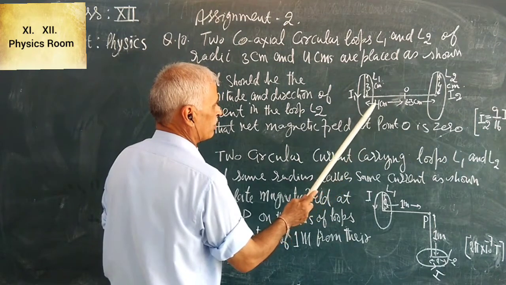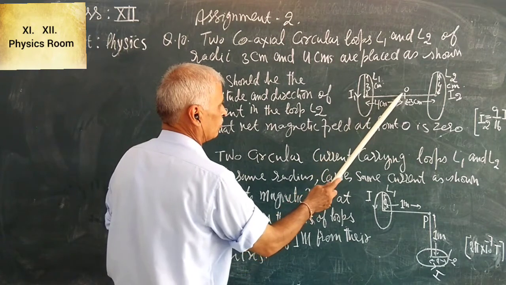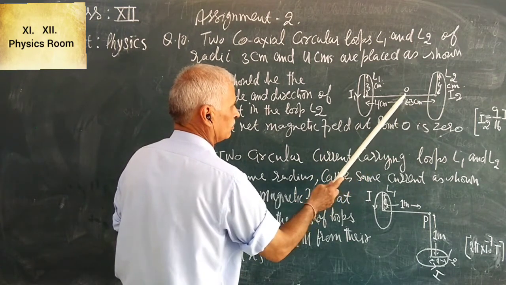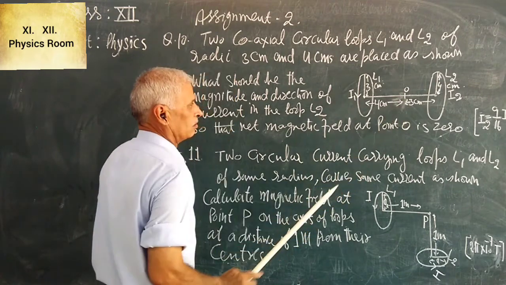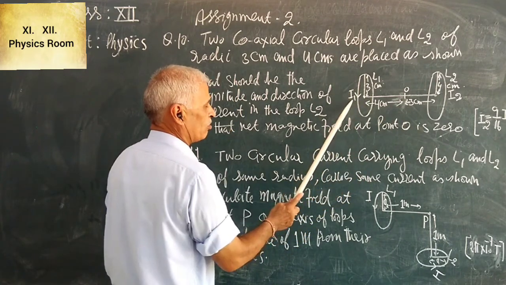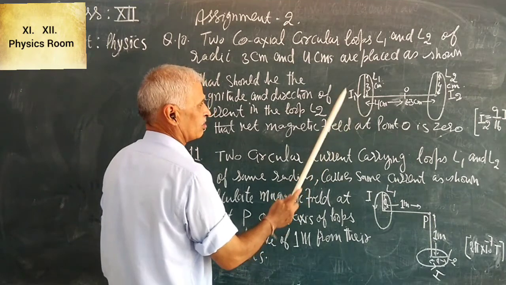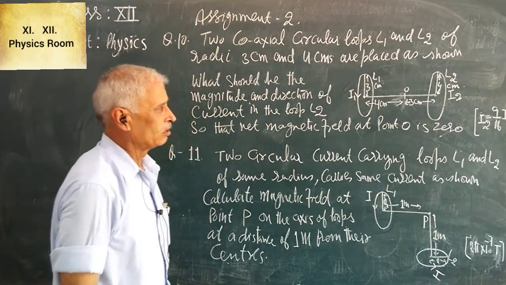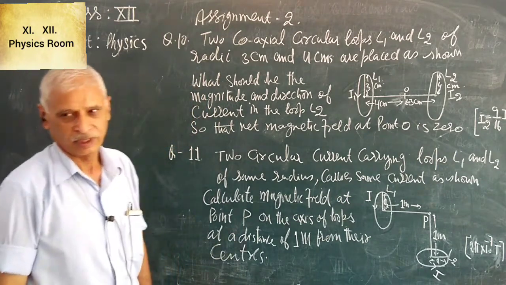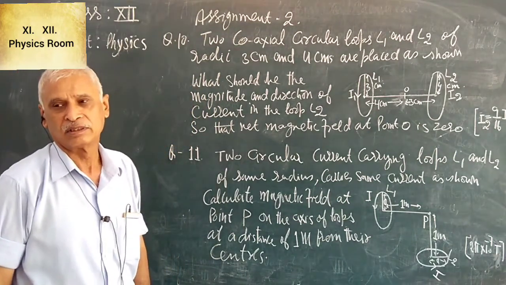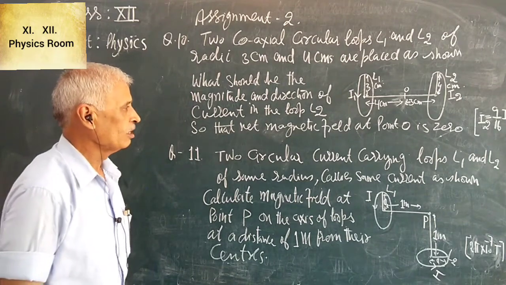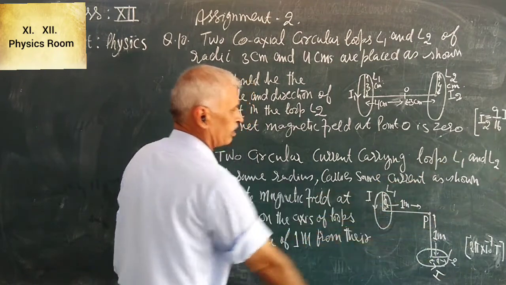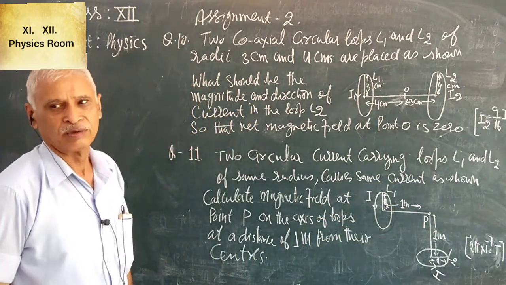Point O is 4 cm from the center of this loop and 3 cm from the center of this loop. The current in loop L1 is I1 and flowing in this direction, and you have to find out magnitude of current I2 in loop L2. Also you have to tell the direction of the current flow. Your answer magnitude should be I2 equal to 9/16 I1 ampere, and direction you have to find out.